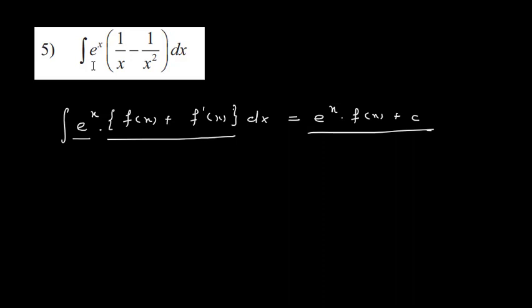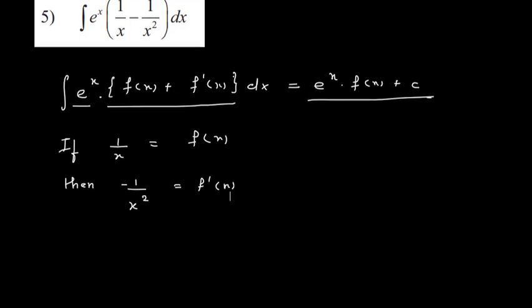So the whole idea is to identify the fx part. In our problem, if you take 1 upon x as fx, then its derivative is what? The derivative of 1 upon x is minus 1 upon x square, right? So minus 1 upon x square will become f dash x.